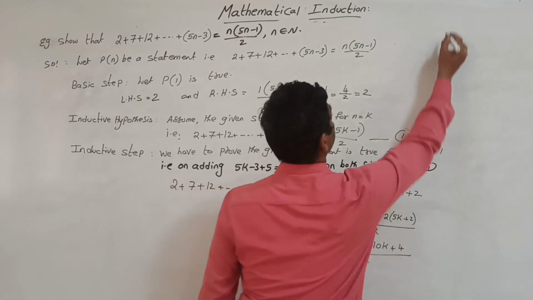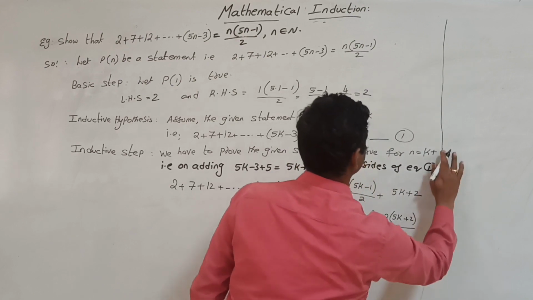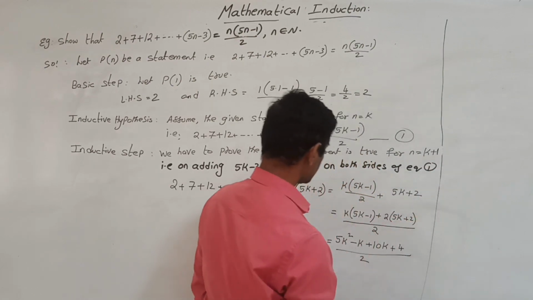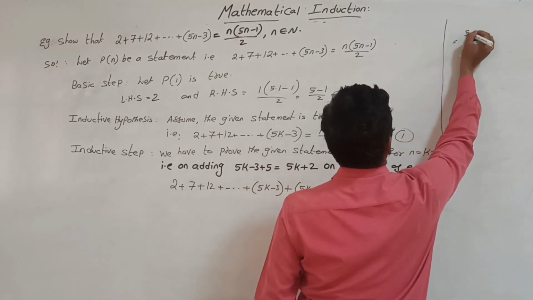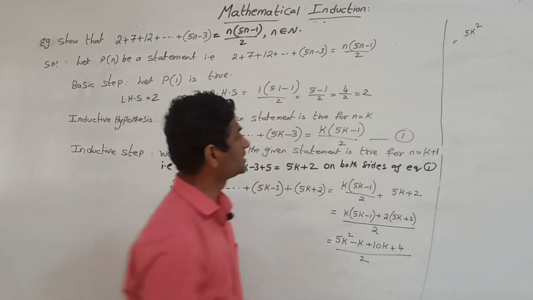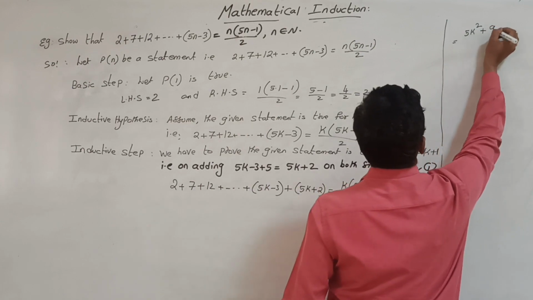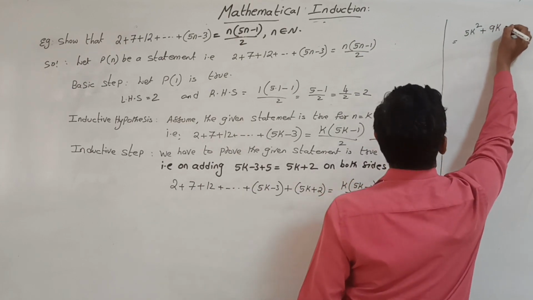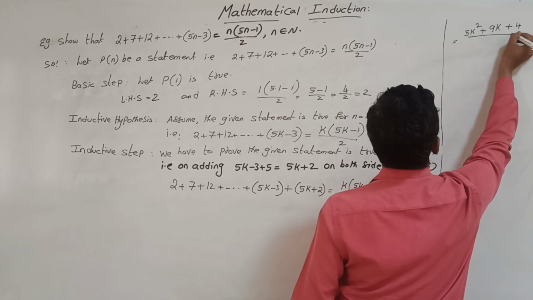So if you simplify, 5k square minus k plus 10k plus 4 by 2, that is 5k square plus 9k plus 4 by 2.